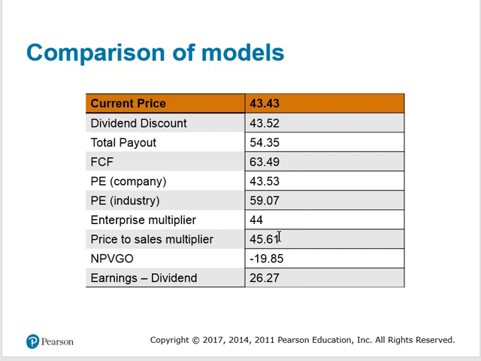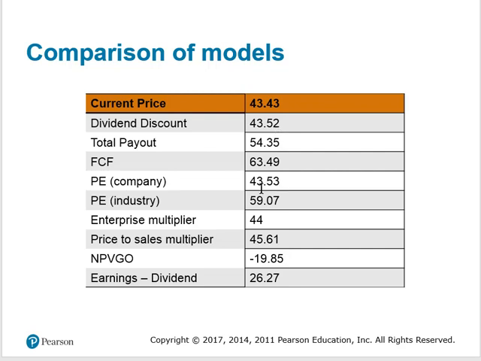So again, we can look at a variety of these models. We didn't discuss the earnings dividend model for this particular class. So now again, we get a range of answers. In this case, they're all pretty much in the ballpark, right? We're essentially saying, look, the stock price is somewhere, where's the lowest number?